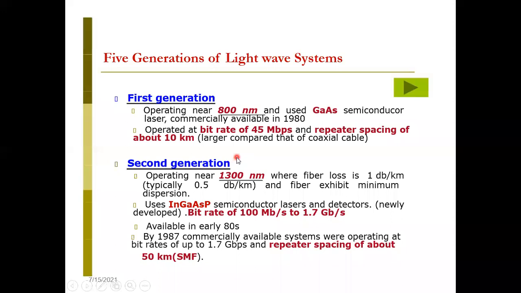We found that as we increased the wavelength, the losses kept on decreasing. So in the second generation, from the first optical window we moved towards the second window centered at 1300 nanometer, where the fiber loss was around 1 dB per kilometer and the dispersion loss was also minimum.